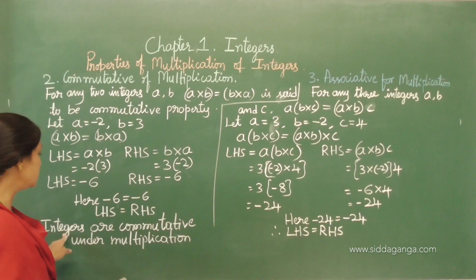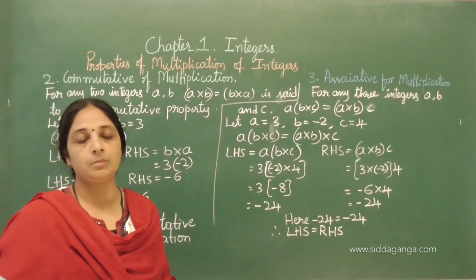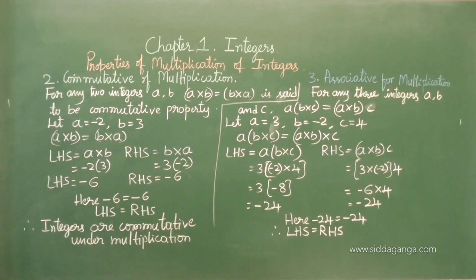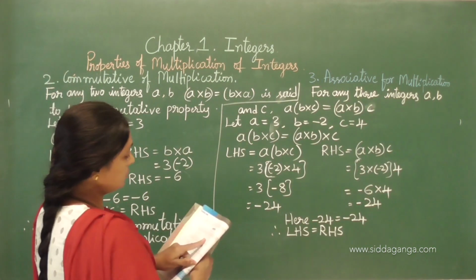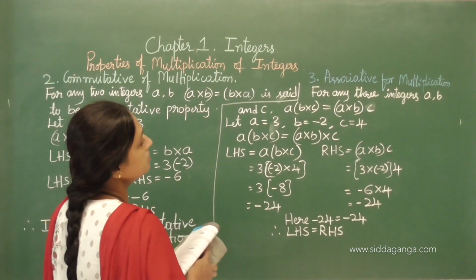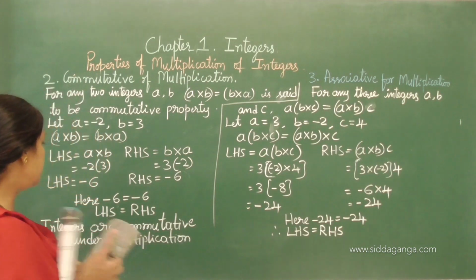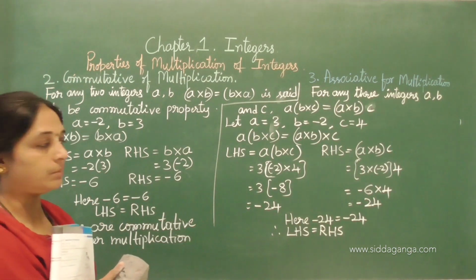Then what can we conclude? We conclude like this: integers are associative for multiplication, or otherwise we can say that multiplication is associative for integers. Otherwise, we can tell that integers are associative under multiplication.